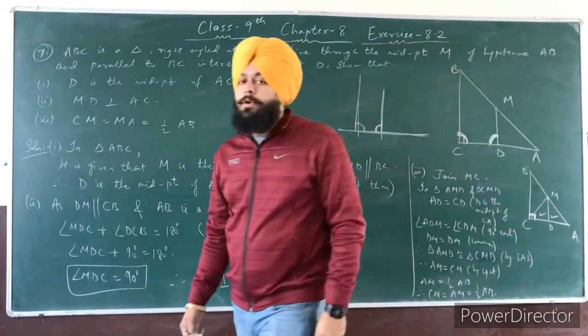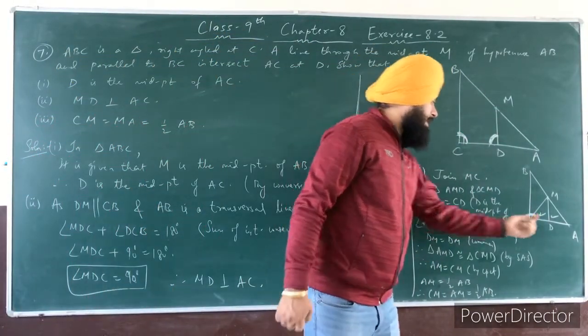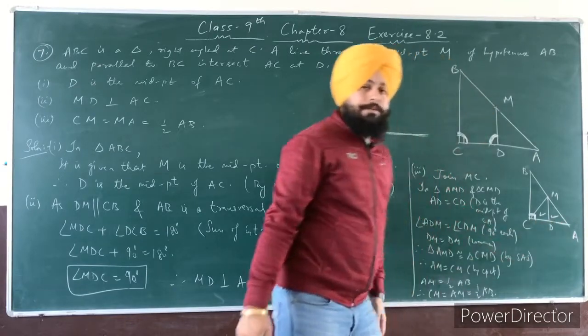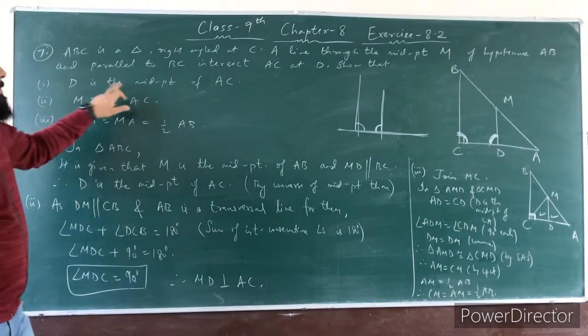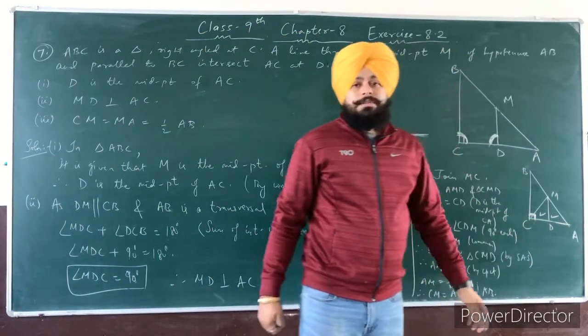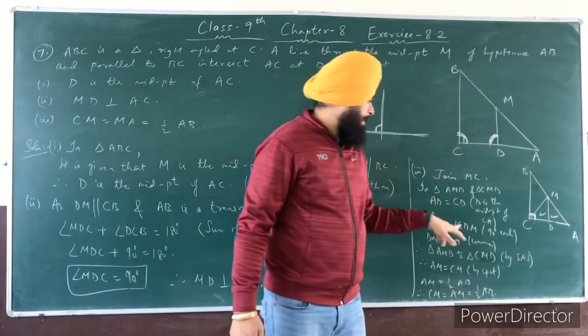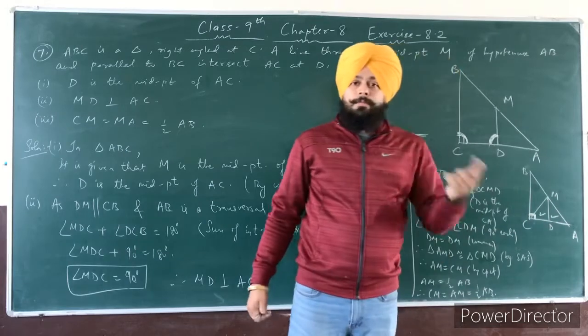You have to prove them congruent. First, AD is equal to CD from part 1, where we already proved that D is the midpoint of AC. Second, angle ADM is equal to angle CDM from the second part.